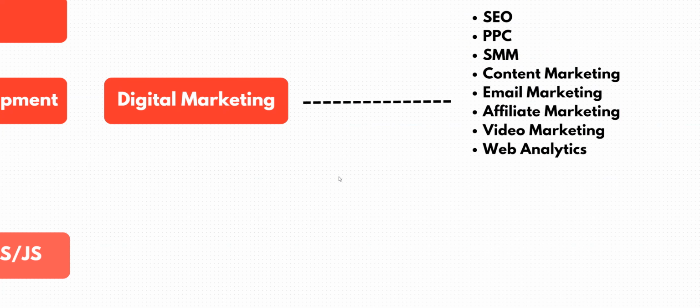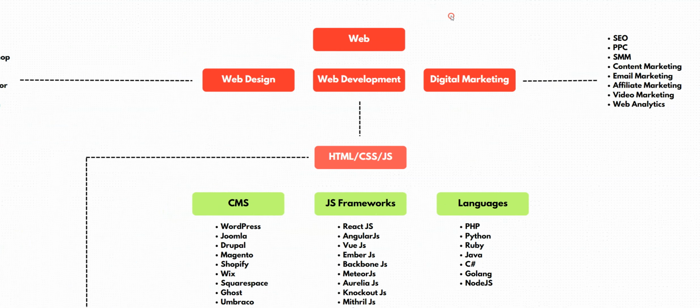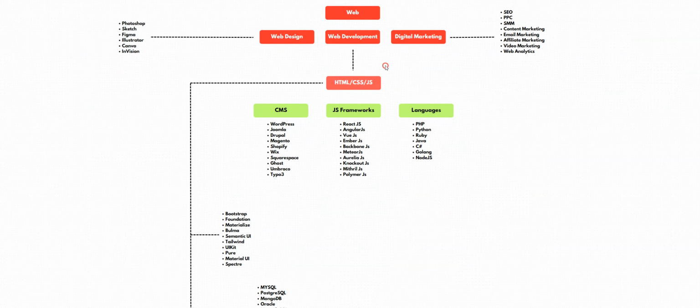So overall, this is a short picture of where you can start your career. These are the technologies that are good to know. If you learn all these things, then you can become a web developer or a designer, and you can start your career from this.